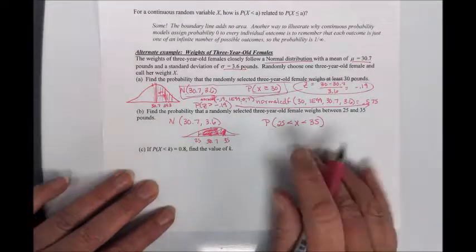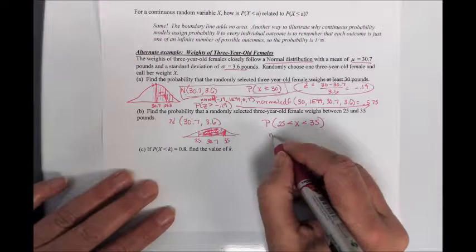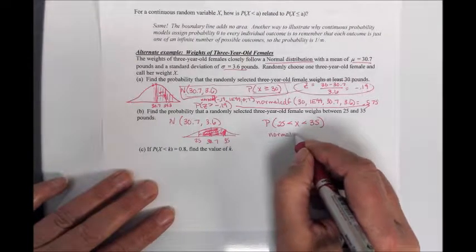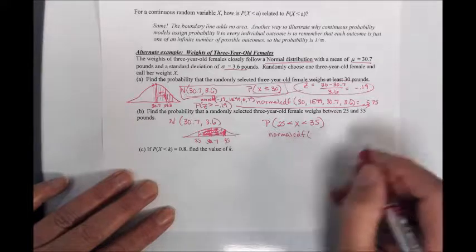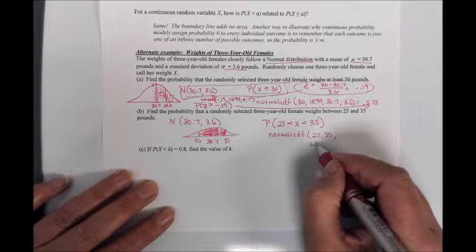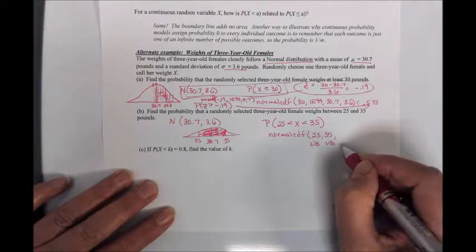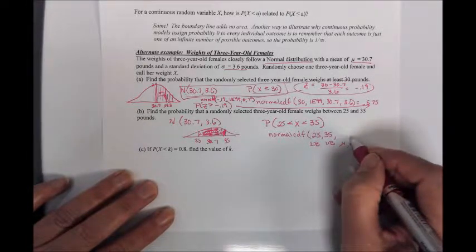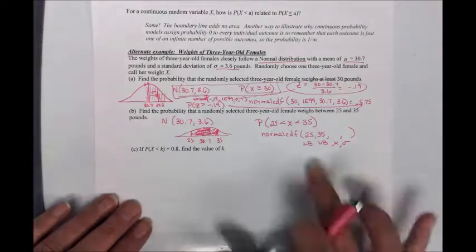I could do z-scores again, but I can just do my normalcdf. Now my lower bound is 25, my upper bound is 35. Again, I'm just being extra cautious and labeling everything that I should have done up there too.